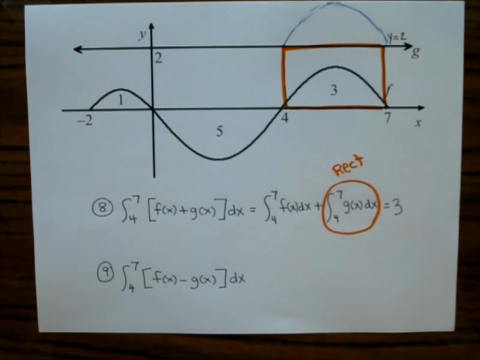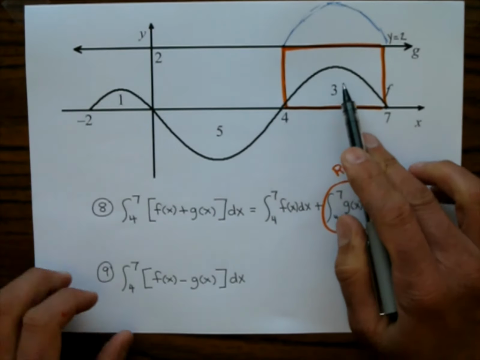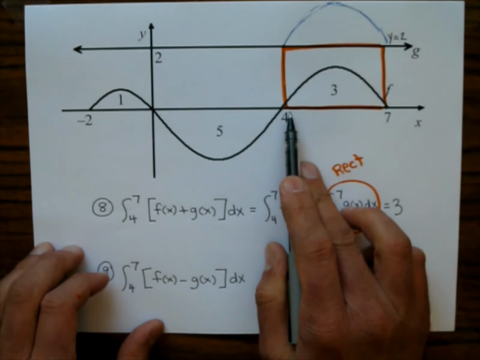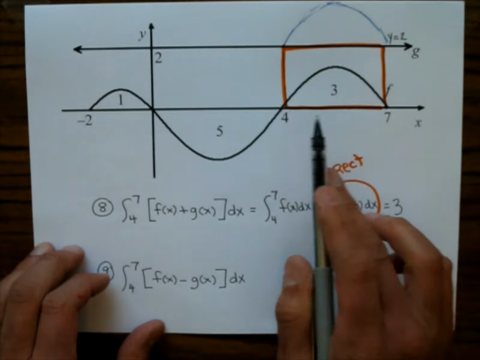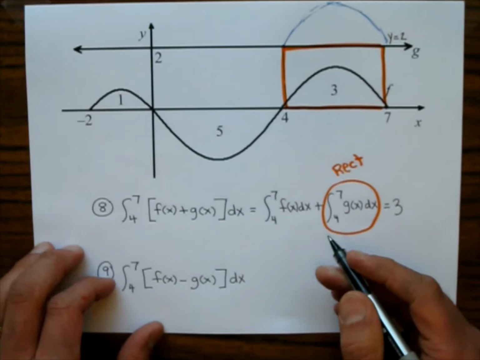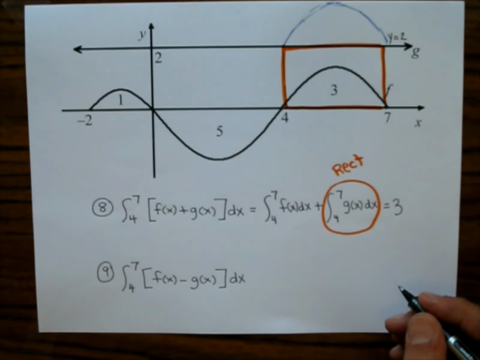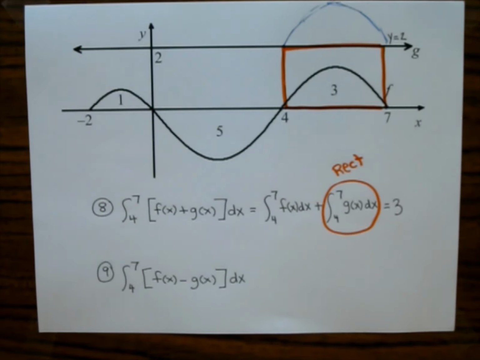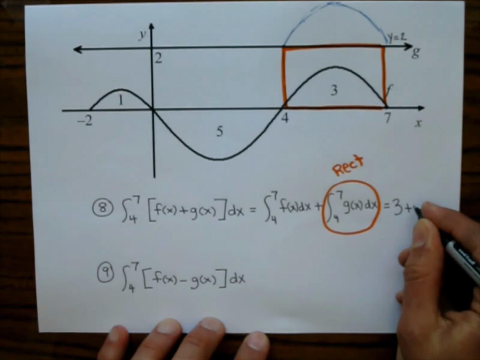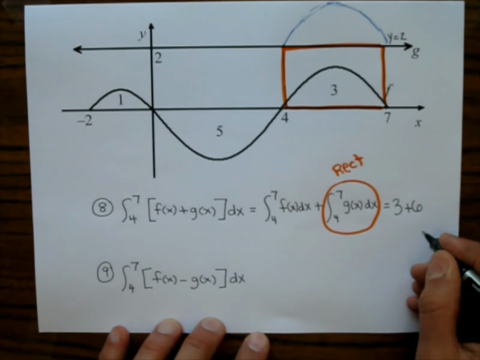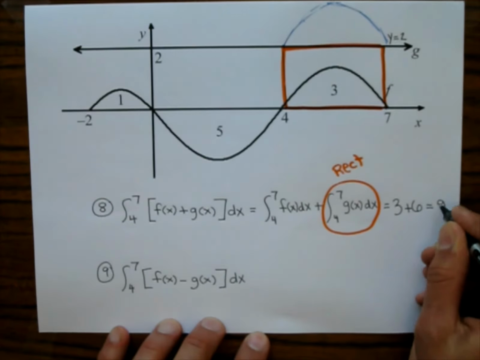Well, do we know how to find the area of a rectangle? Yes. This has a base of 3 and a height of 2. So the area of that rectangle, I think, is 3 times 2, which is 6. So I have 3 plus 6. And this gives me a 9.